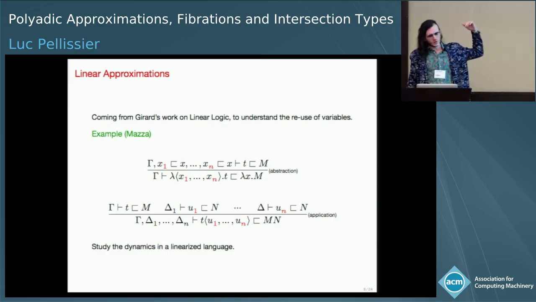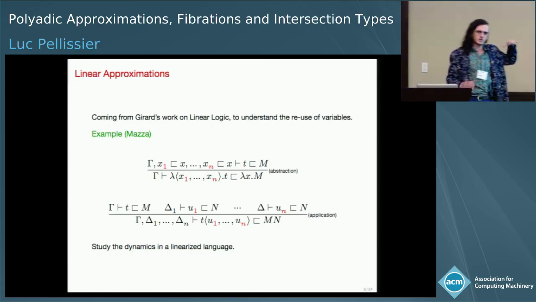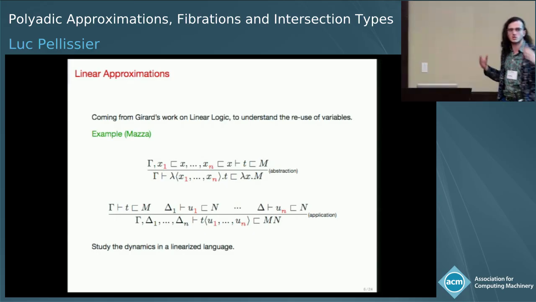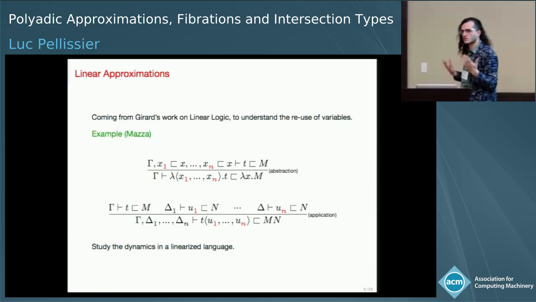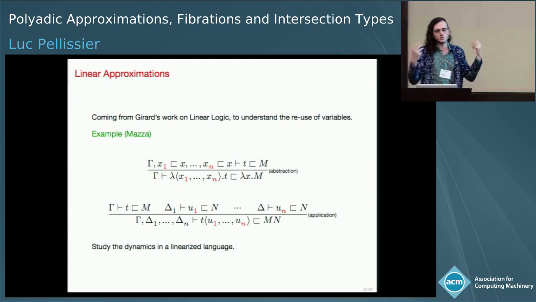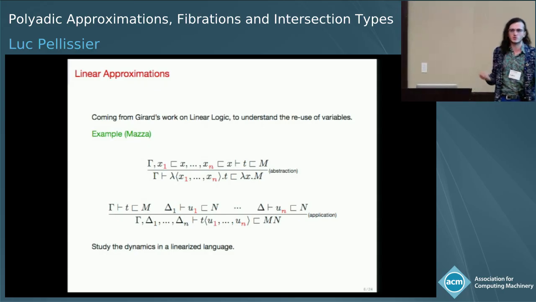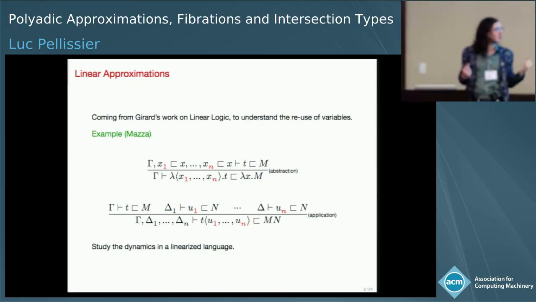And the idea of linear approximations is to, instead of studying a term which can have an arbitrarily complicated dynamic, study the dynamics of its approximations, which live in a linearized language, where the dynamics is much simpler.